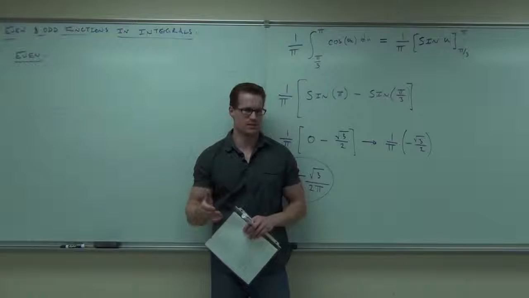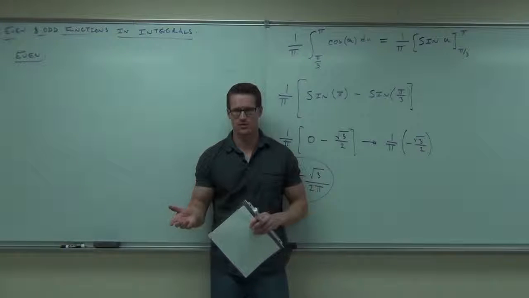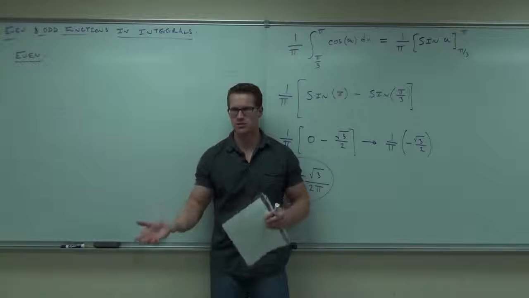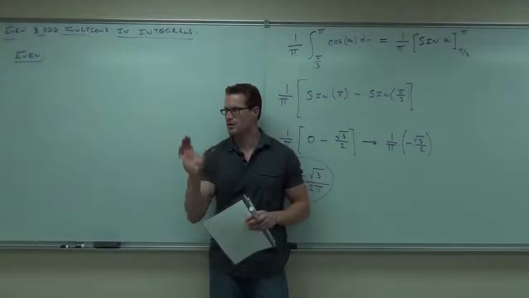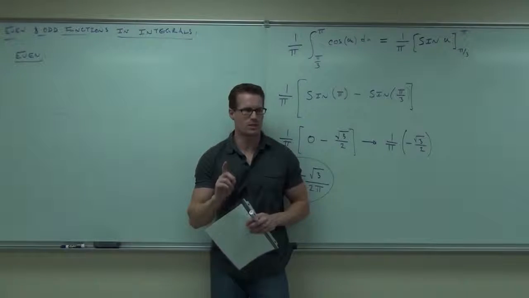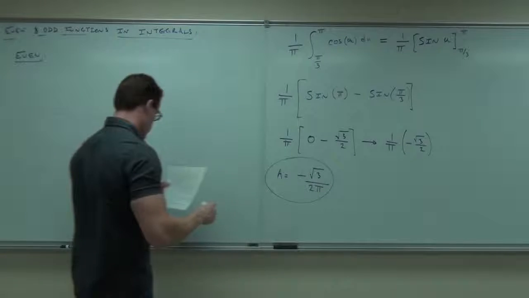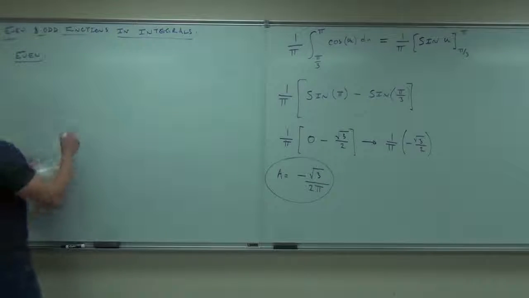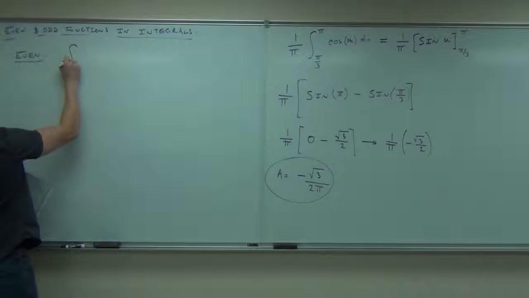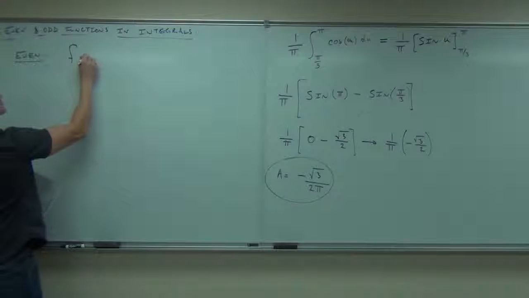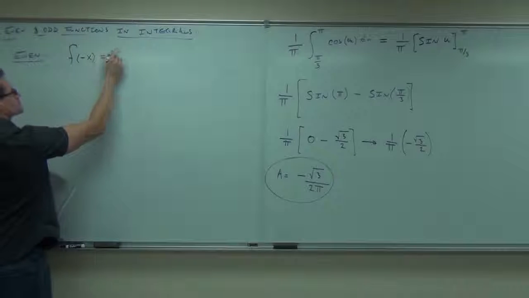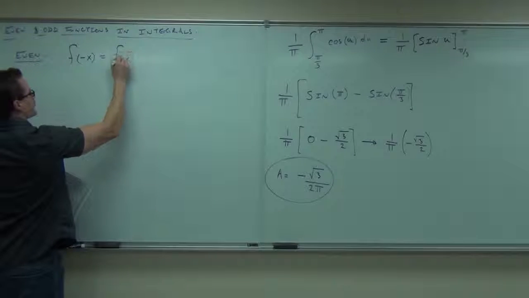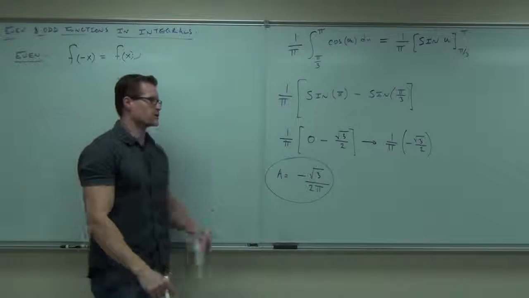X squared is an even function. X fourth, even function. X squared minus 2, even function. They're symmetric about the y-axis. That's one thing we know about even functions. Here's the definition of it, actually. An even function says that f of negative x equals f of x.